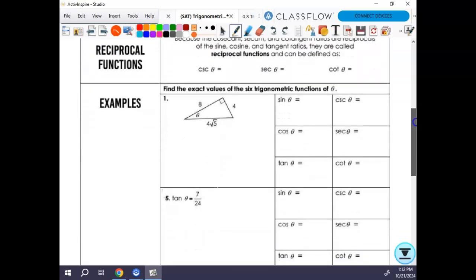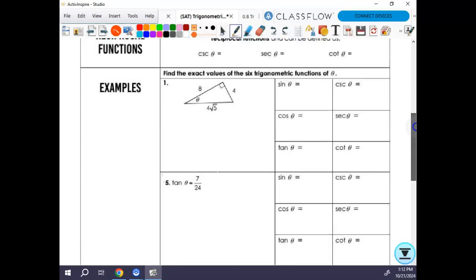All right, so this which is cosecant, what did cosecant pair up with? Sine, good. So cosecant of theta is the same as 1 over sine theta. That's another way you could see it. Secant would be 1 over cosine, and cotangent would be 1 over tangent. Okay, so those are the relationships there, okay?